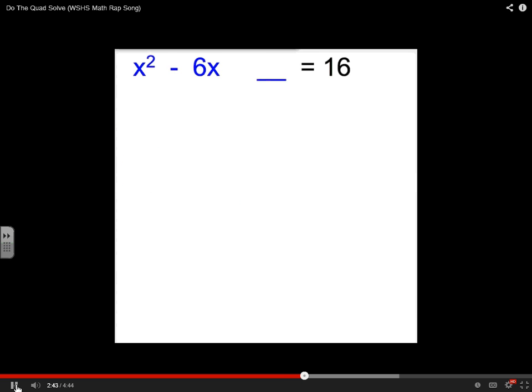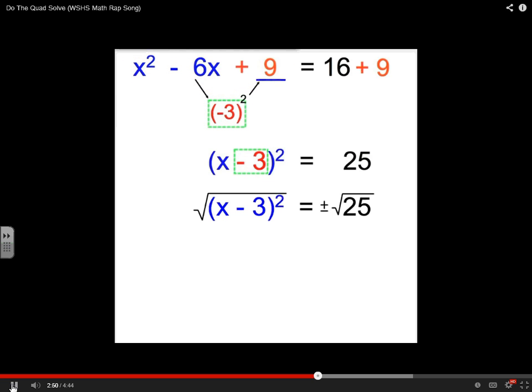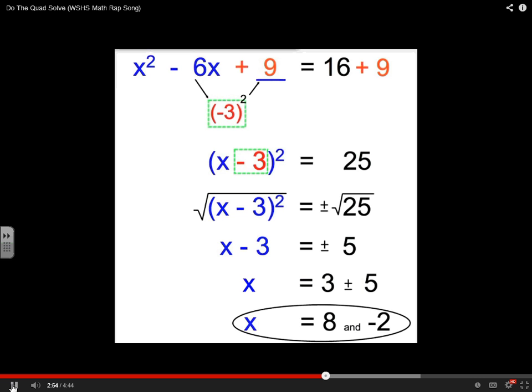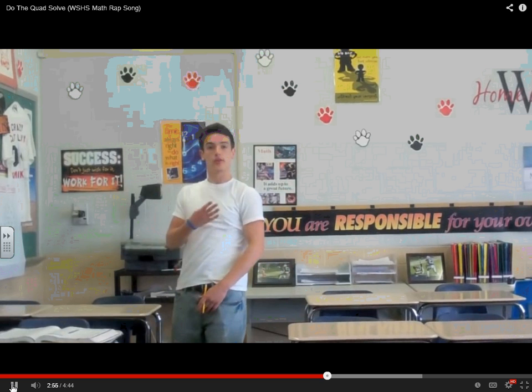Move c to the other side, take b, divide it by 2, and square it, add to both sides. Whatever we do on the left, we do on the right. Perfect square, you just have to recognize. Call it the quad solve.